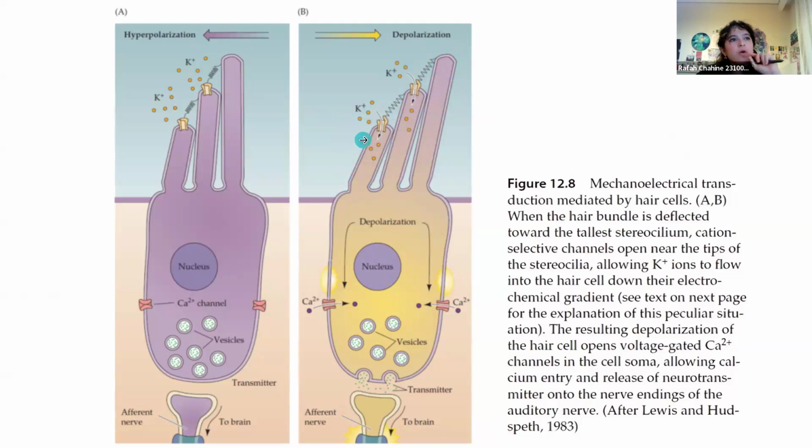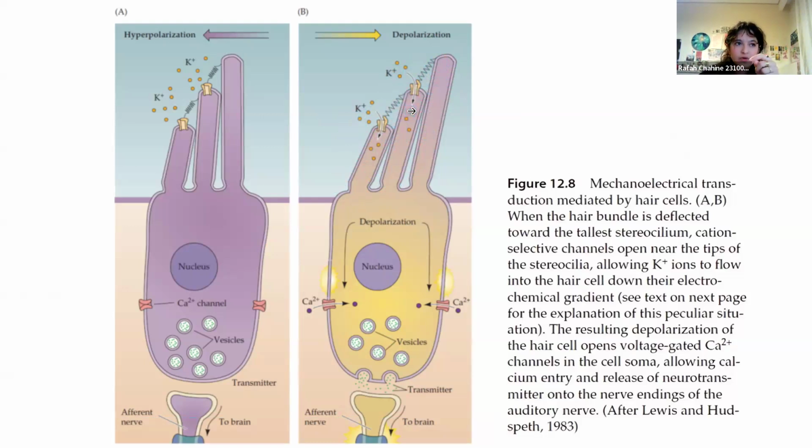Fine. What happens is, when the vibrations are sensed, if all the hair cells move towards the kinocilia, this biggest one, we're going to have depolarization, okay? Meaning that we have these channels in between each one of the cilia. They're called tip links, okay?